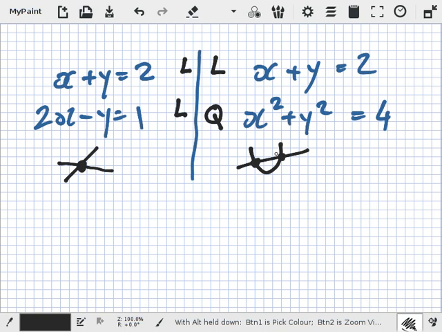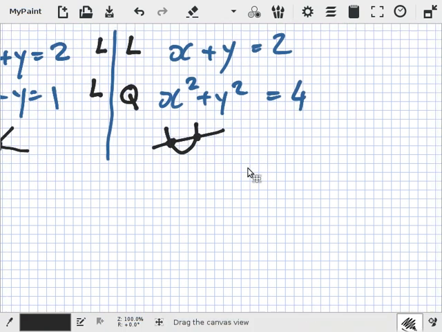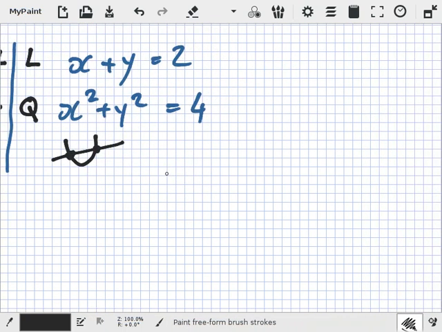I think you all have the right idea. What was the name of this method? Substitution, which is what you said. So let's do this one as an example. Do you want to get the x or the y first? It doesn't really matter. X equals. So here, I can say x equals 2 minus y.